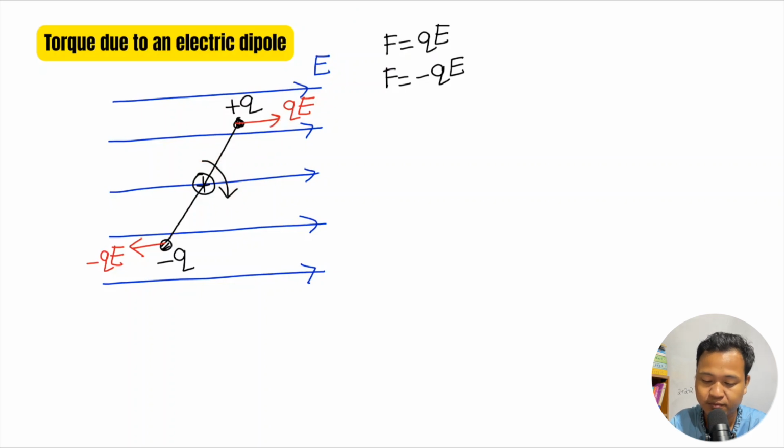So net torque about the fixed point will be equal to the sum of the torques due to each force.